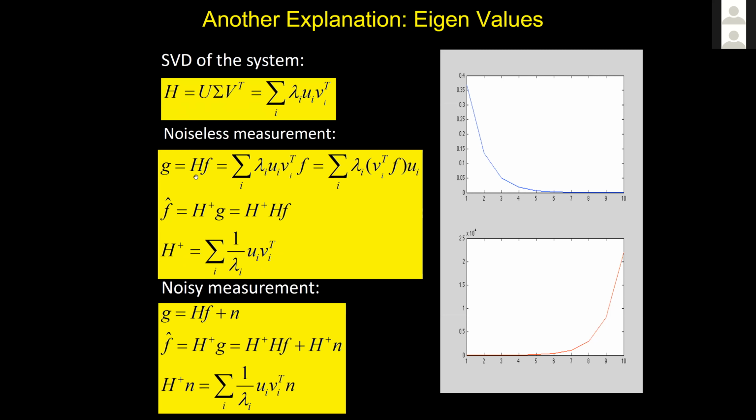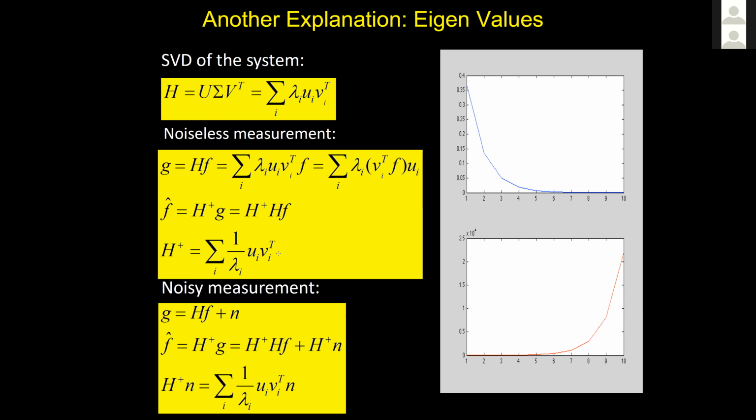Then, if you have this linear function, your imaging system and your sinogram, when you calculate F, you basically calculate the transpose of H times G, if you decompose H in this way, which is 1 over the eigenvalue of your matrix H and the same vector.